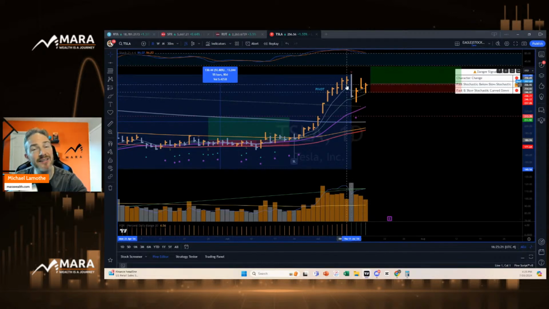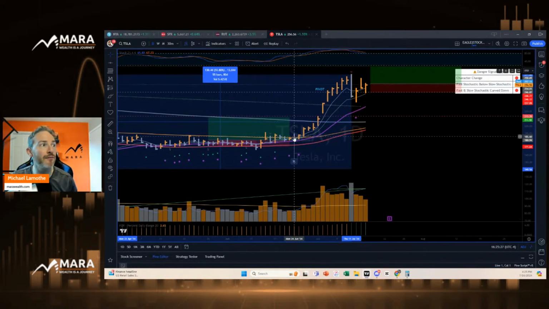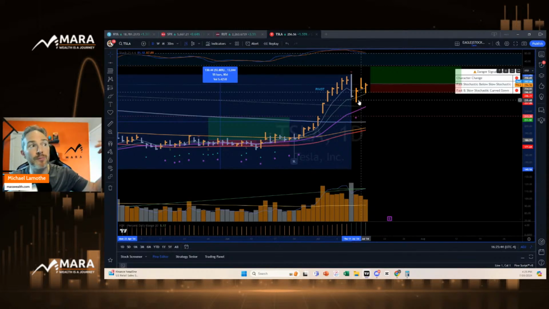Generally, what I like to see is 6 days of consolidation before buying in. If I'm in from back here, I'm a happy camper and I'm probably holding through this. I think that this is probably the low. You have the 21 period exponential moving average, that purple line, catching up to the recent price action.